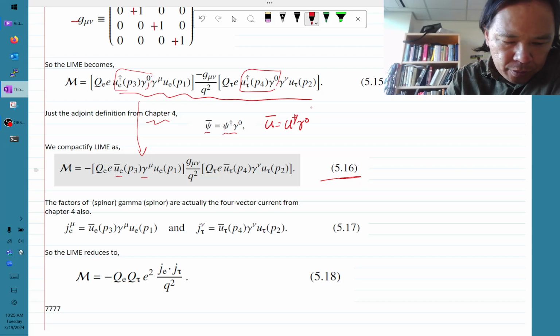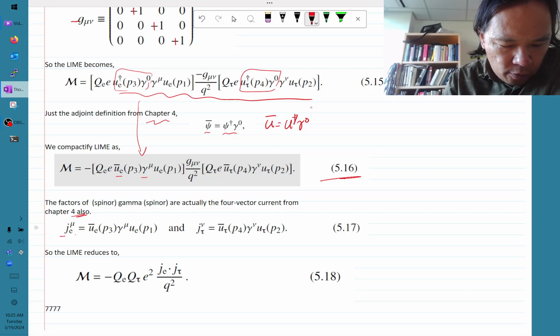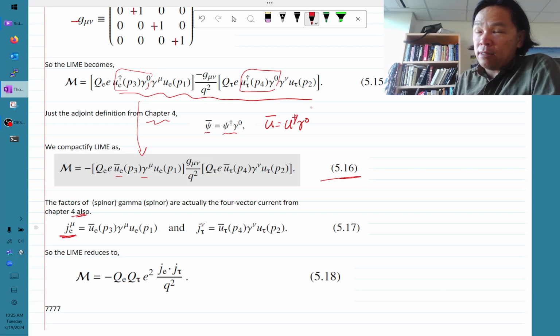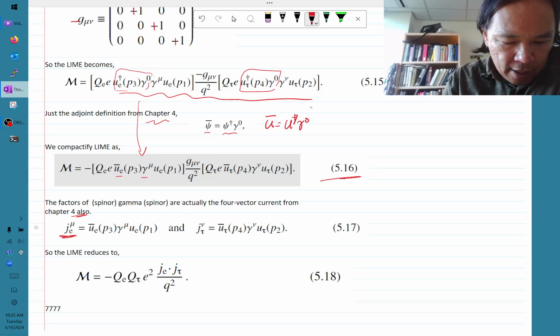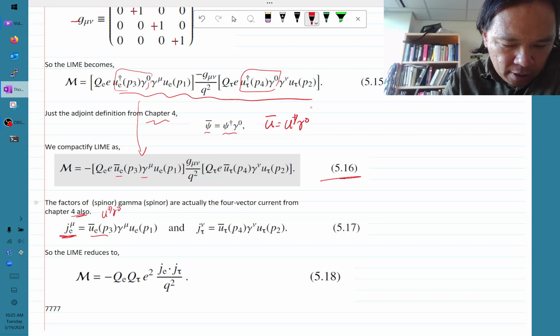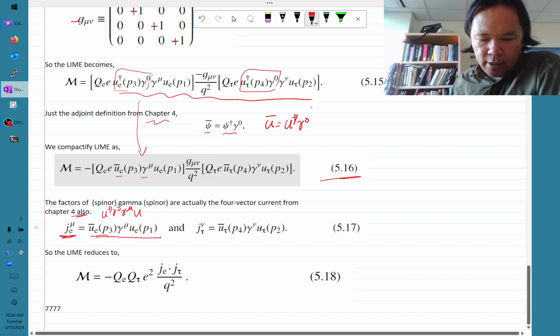Back in chapter 4, we also defined the forward current, the probability density current, as some U dagger gamma naught, gamma mu, and then some U. You can also utilize that here to shorthand this equation.